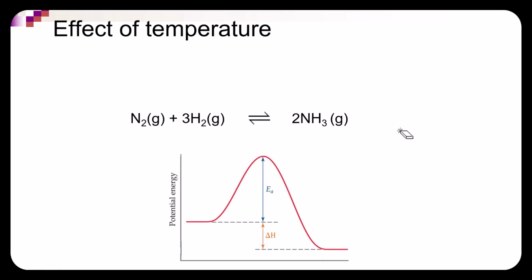The one piece of information that we need to know if we're going to determine the effects of temperature is whether it's an endothermic or exothermic reaction. In this case, this reaction is an exothermic reaction. Exothermic reaction means heat is exiting the system.